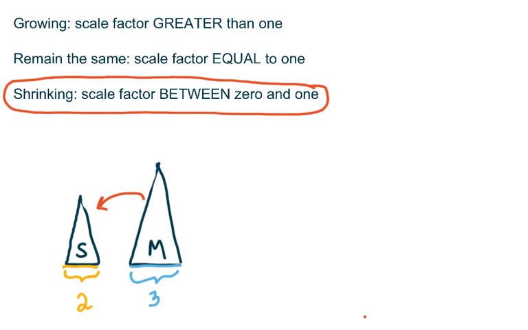So I'm going to set these up. I'm going to take my new measurement, my new value, which is 2, and I'm going to set that over the original measurement, which is 3. And so the answer you should have chosen was 2/3.